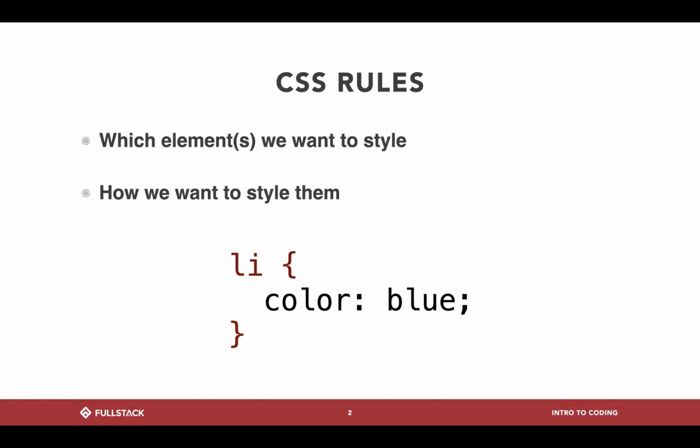It has a section for what element we want to style and then how we want to style it. We say I want the font color of these list items to be blue. So any list item on the page, I want its color to be blue. In this case, we see the style take effect here, and it turns our list items blue.